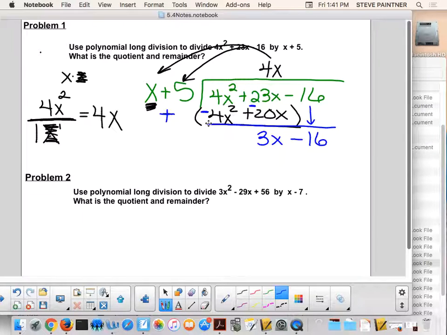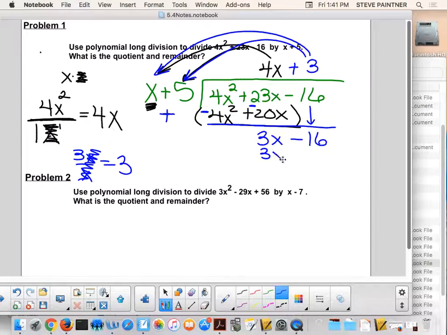Okay, let's do it again. Ready? How many times will this x go into that 3x? 3. Quick division. These x's just cross out. So it's plus 3. 3 times this, 3 times that gives you what? 3x plus 15.